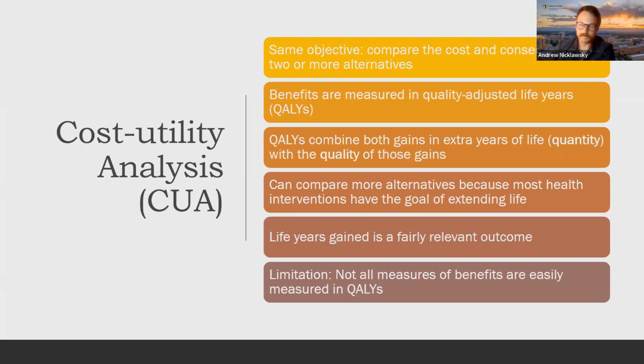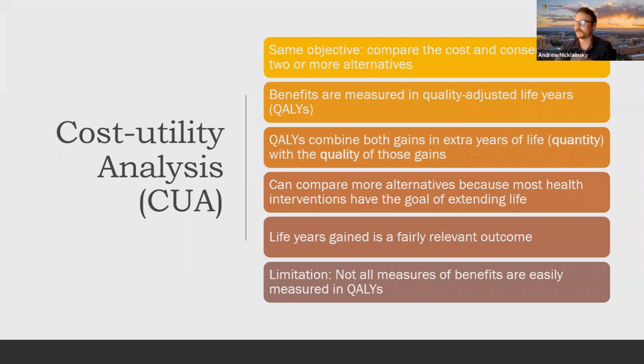So I'm going to throw one more term at you because sometimes it matters to people in textbooks, but technically today I'm talking about a very specific form of cost-effectiveness analysis called cost utility analysis. It's the same objective, where we're comparing the cost and consequence of two or more alternatives, but it's a special case.